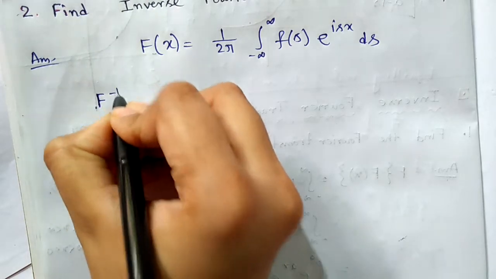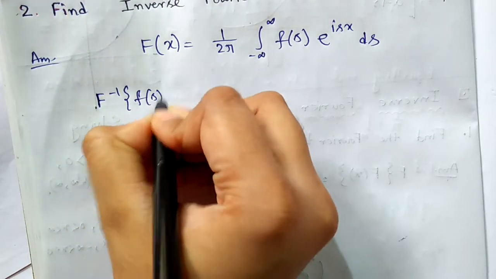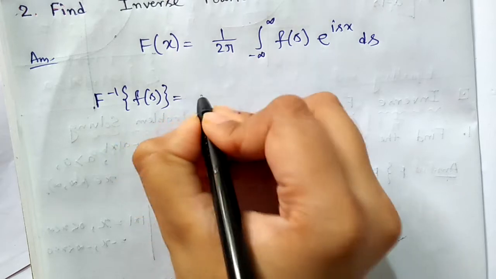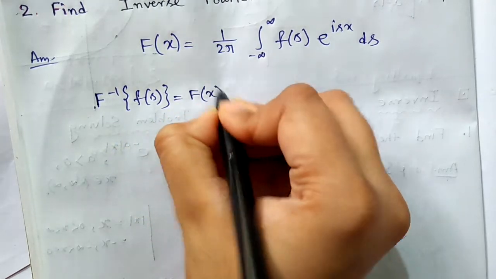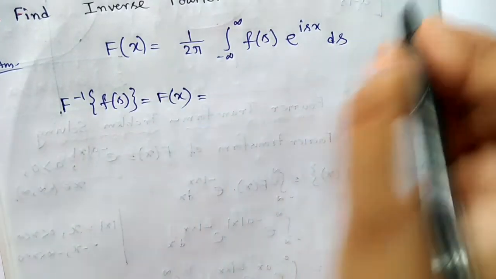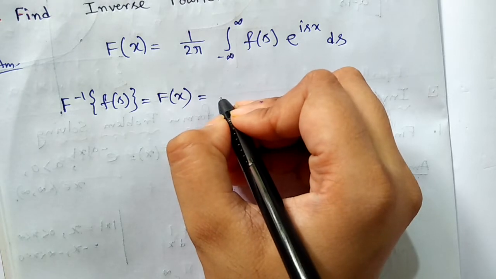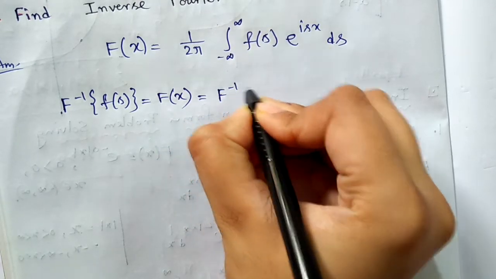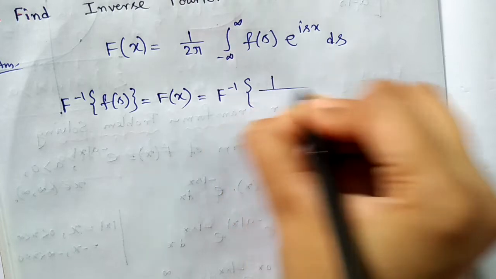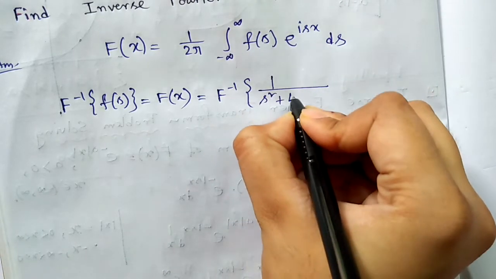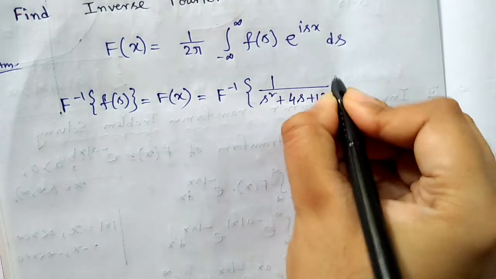So F inverse of F(s) is equal to f(x). That is F inverse of 1 by s square plus 4s plus 13.